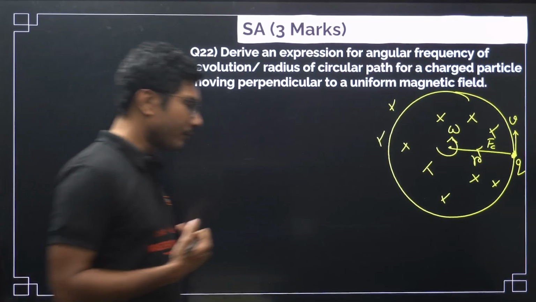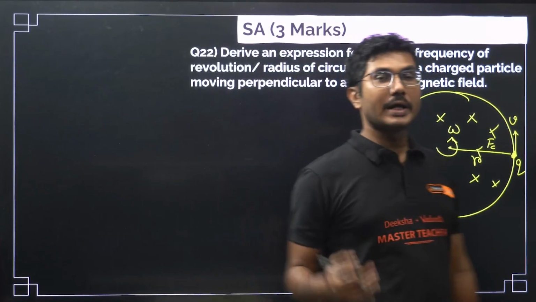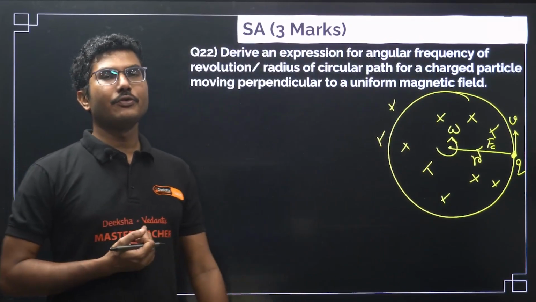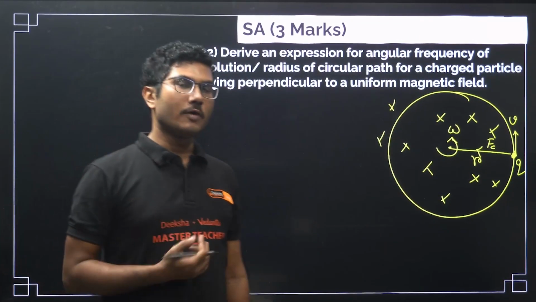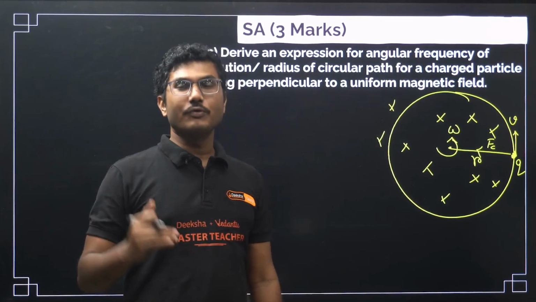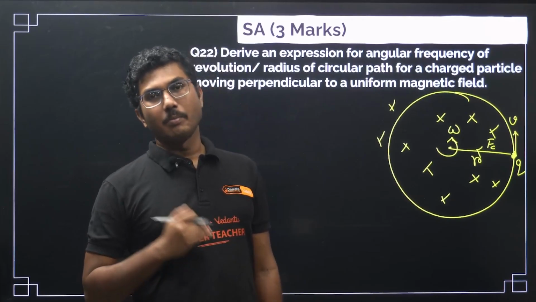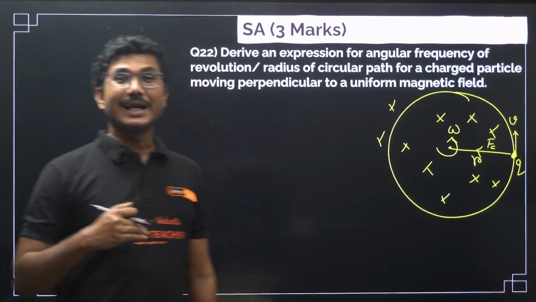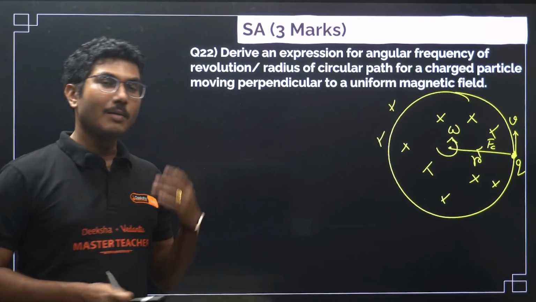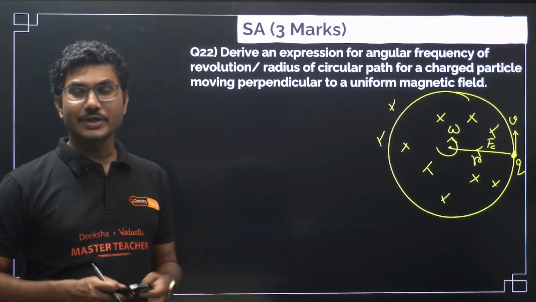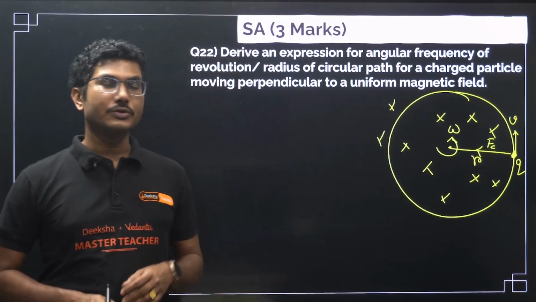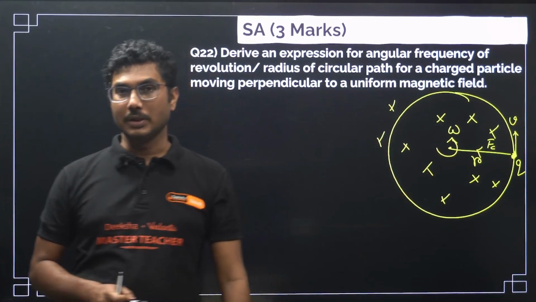So, what is centripetal force? It is a force which is required to perform circular motion, and this centripetal force has to be provided by some interacting forces. If the interacting force cannot provide the centripetal force, then the circular motion is not possible.